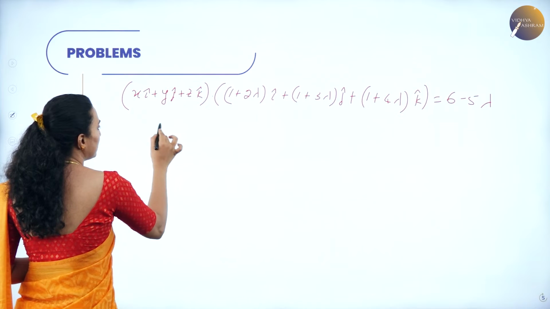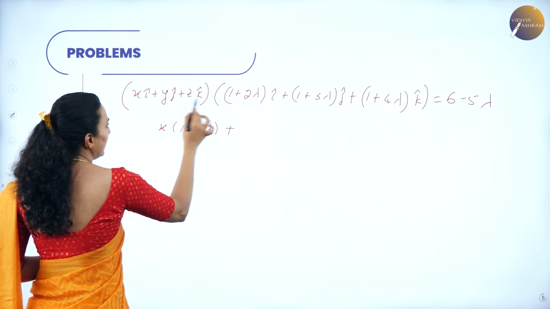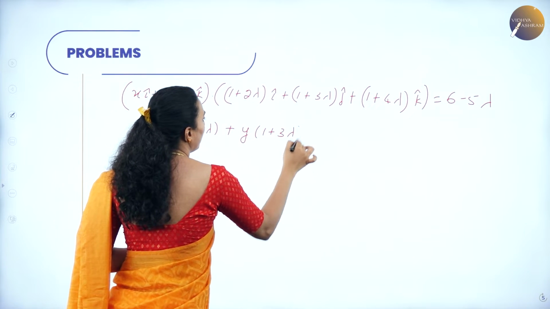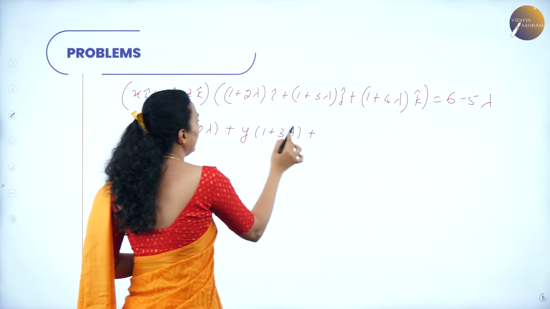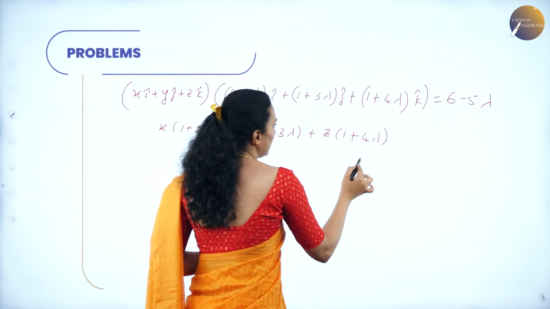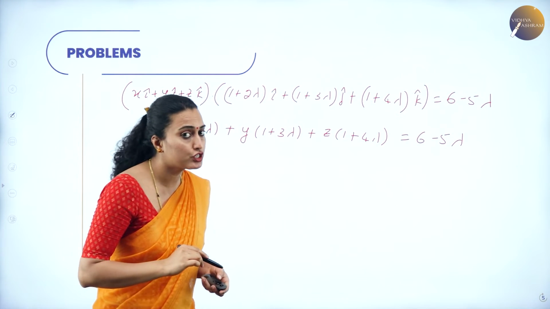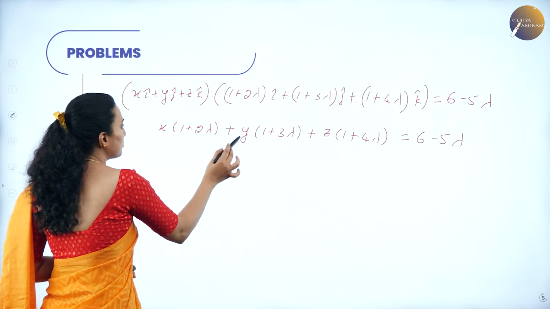You can have x into 1 plus 2 lambda plus, again, j dot j is 1, so y into 1 plus 3 lambda. Again, k dot k is 1, so therefore z into 1 plus 4 lambda is equal to 6 minus 5 lambda. I hope you understood this step. Now, substitute the x, y, z values.